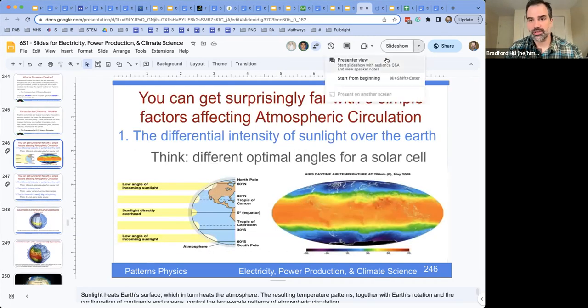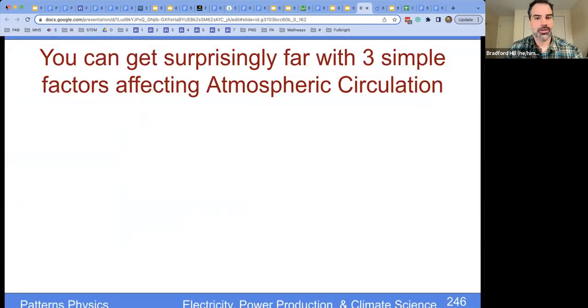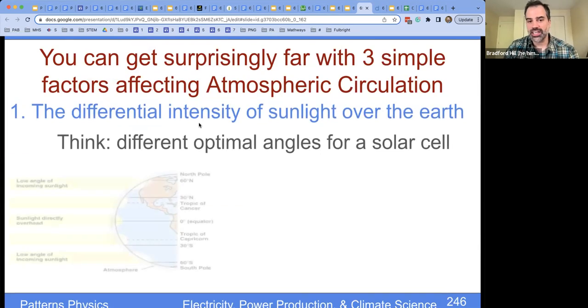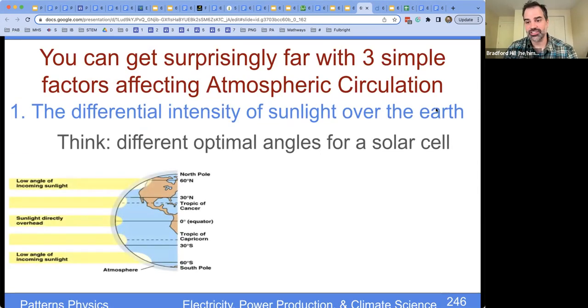And this was supposed to be in present mode. All right, so we can get surprisingly far with just three factors affecting atmospheric circulation. One of the major ones is the different intensity of sunlight over the earth. And again, just to see how interlinked all of this is, go back to Galapagos, Oregon, and Alaska.